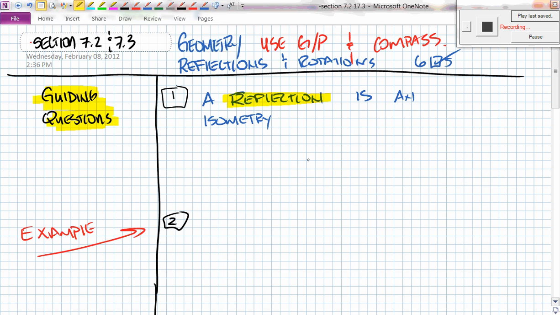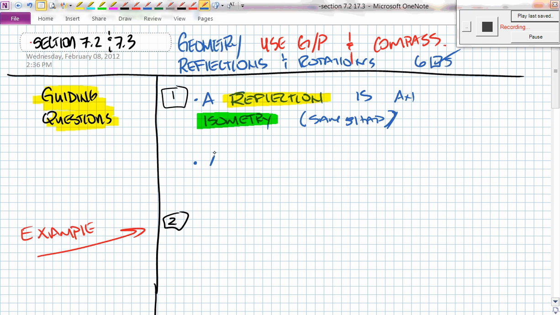It's that the image has the same shape and same size as the pre-image. So now we know a reflection is considered to be an isometry.